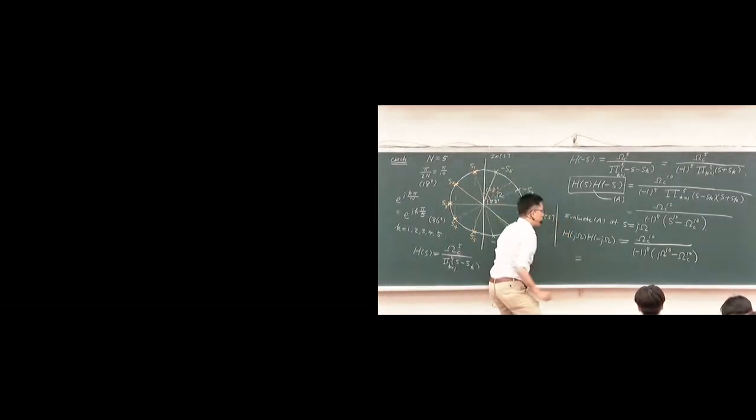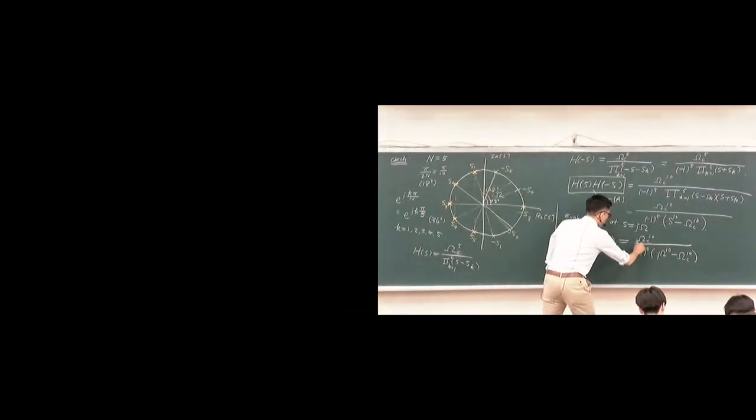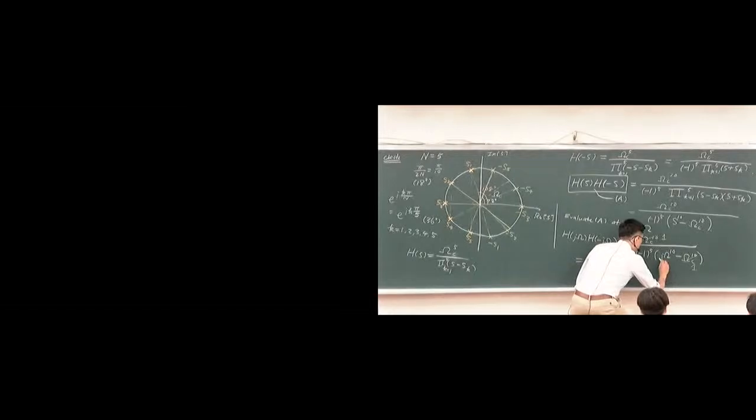And so we are really close. Let's introduce some cleaning up. How about we divide the top and bottom by omega c to the 10th power? So that becomes that, and here we have omega c to the 10th power.